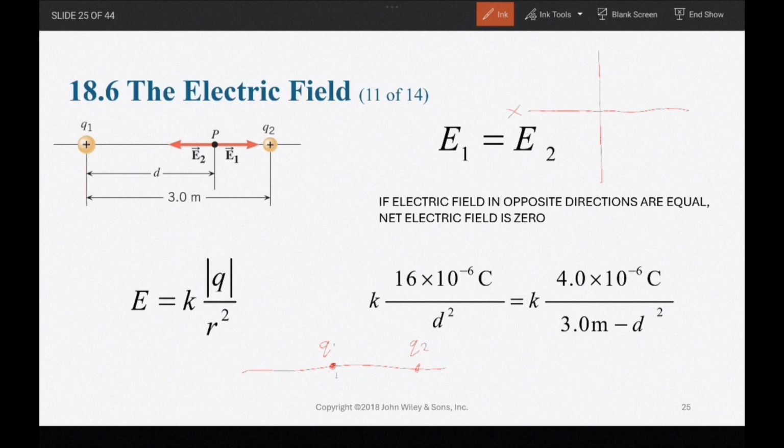The total distance is 3 meters. So, we can assume that Q2 has a distance of 3 meters from Q1. That is why the distance of Q1 will be unknown, and that's why we're going to put the distance here. For us to be able to get the distance, we need to subtract the distance from the 3 meters.